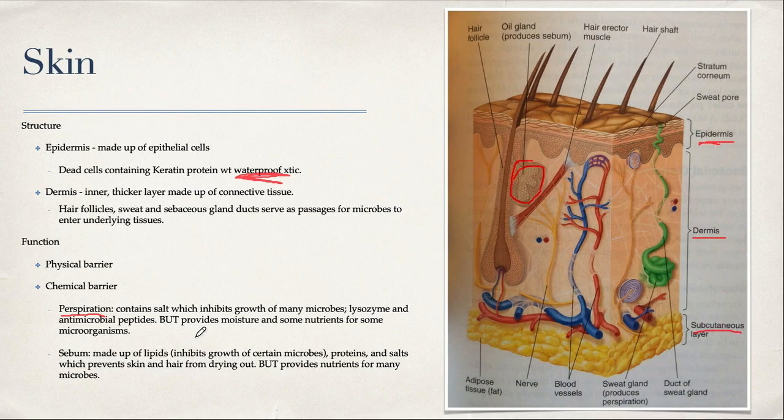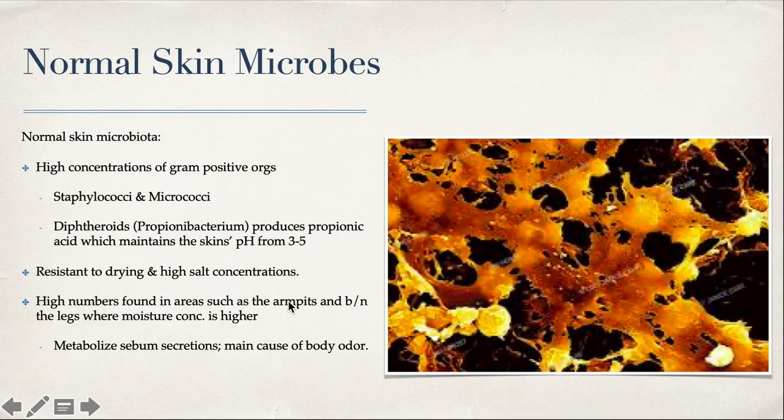But the same environment that prevents the growth of other organisms that are potentially pathogenic also serves as a very conducive environment for many microorganisms. So it's a two-way thing. It gives protection, inhibits the growth of others, but in the same way, it ends up creating the right environment for others.